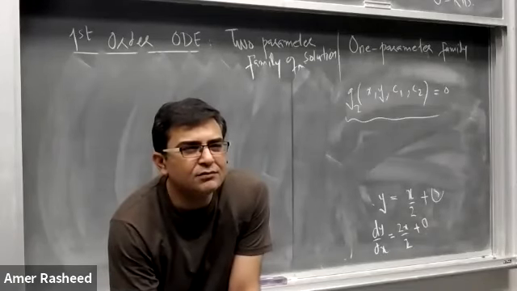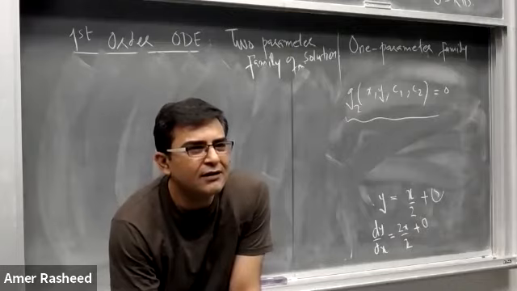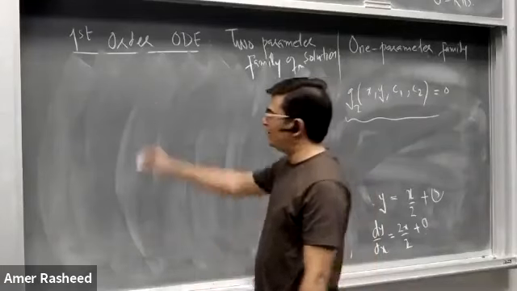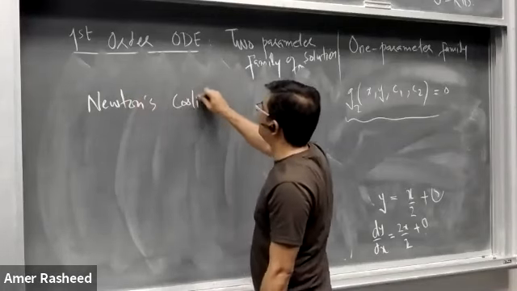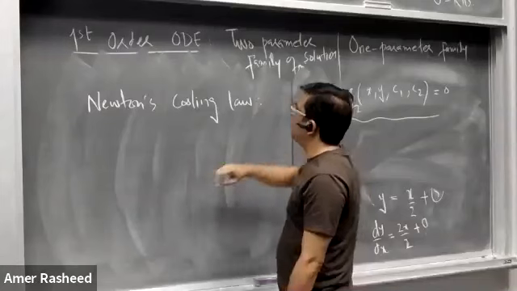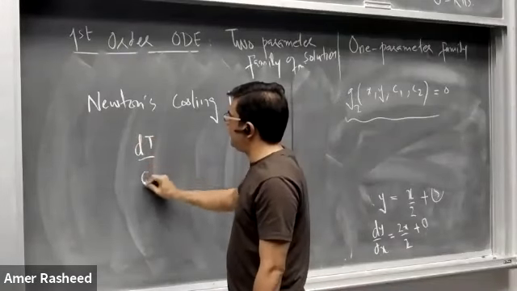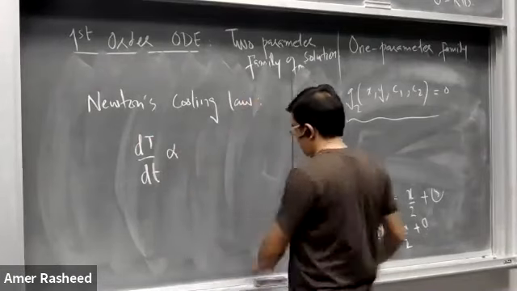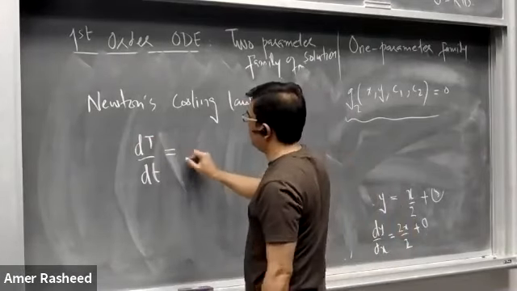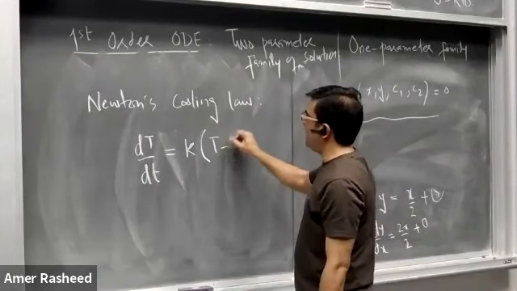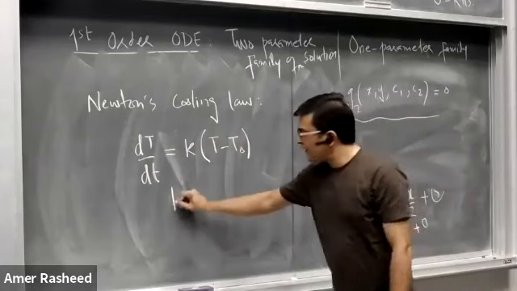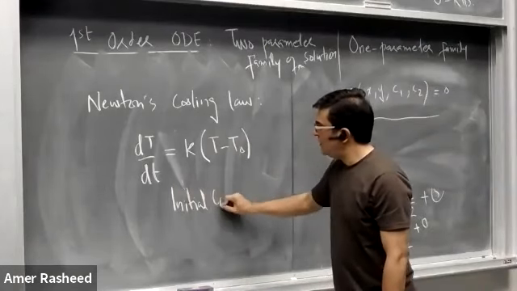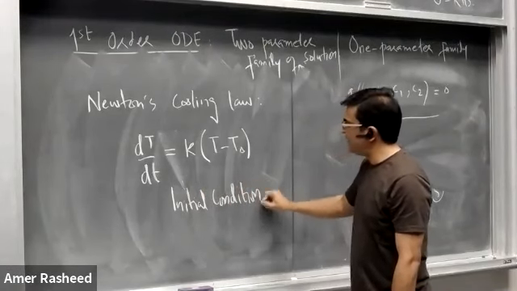कौन सा लॉ करवाया था मैंने आपको? कॉफी वाला, चाय कॉफी? Law of cooling. हाँ, कूलिंग लॉ, न्यूटन्स कूलिंग लॉ. न्यूटन्स कूलिंग लॉ में हमने प्रीवियस लेक्चर में क्या पढ़ा था? हमने एक डिफरेंशियल इक्वेशन डिराइव की थी, dT by dt, which is proportional to, if we remove that sign of proportionality, we say that T minus T naught. ये किया था. और मैंने साथ में एक इनिशियल कंडीशन आपको दी थी. ठीक है? इनिशियल कंडीशन was what?